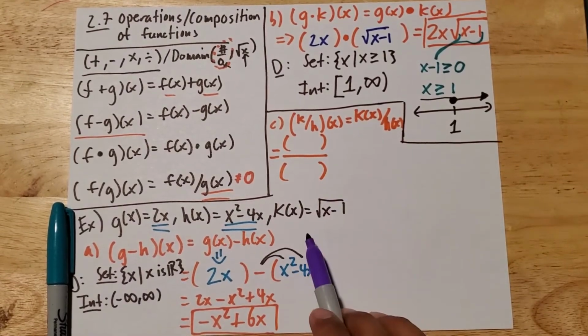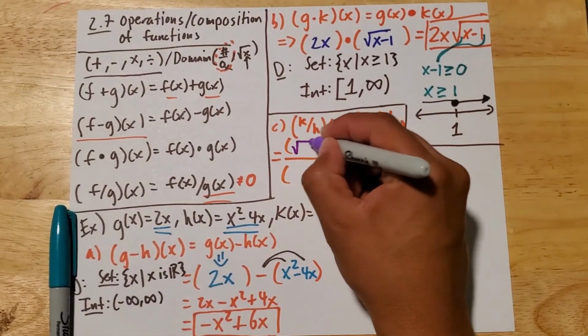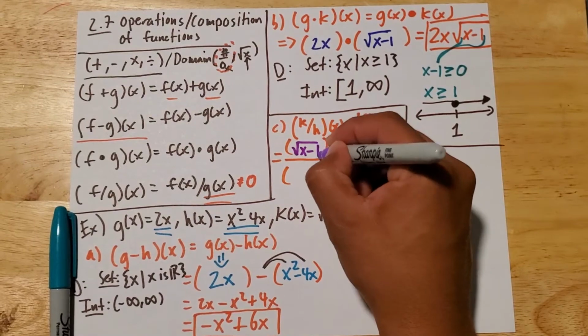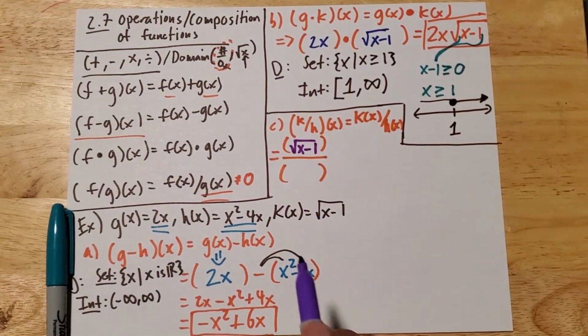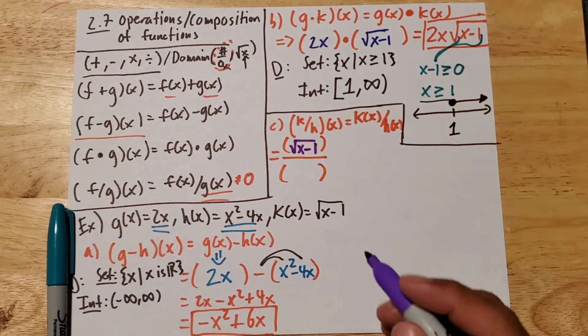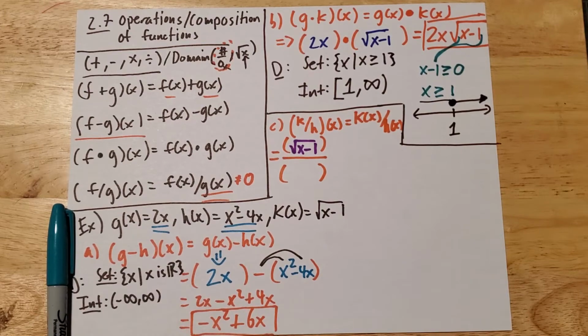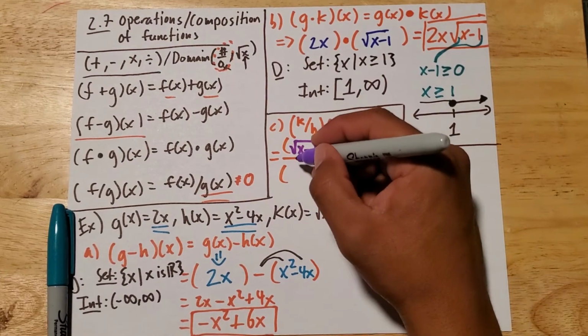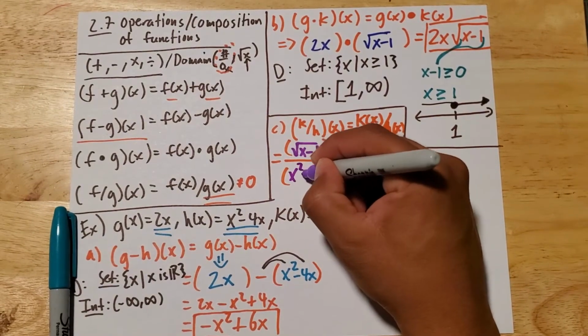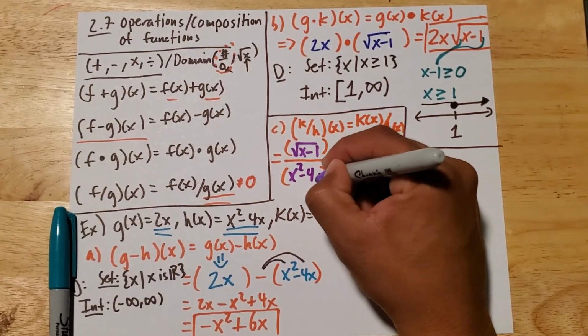Well, I know k of x is equal to the square root of x minus 1. And I know that h of x, I thought I mixed that up, is equal to x squared minus 4x.